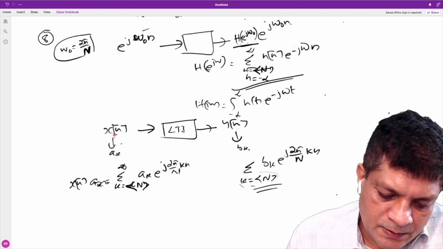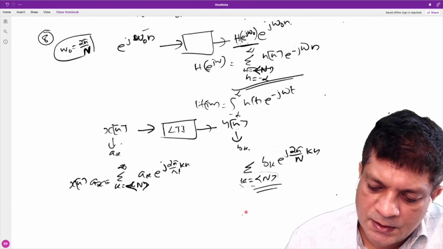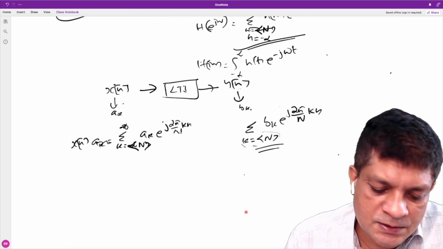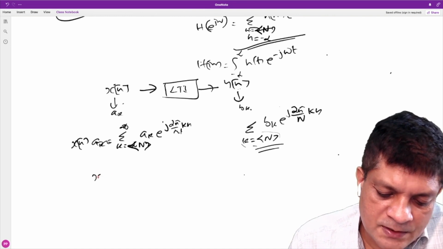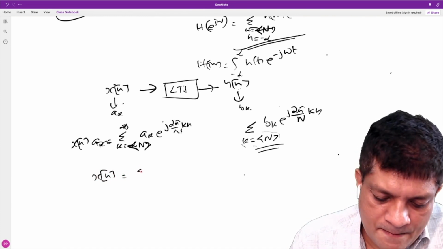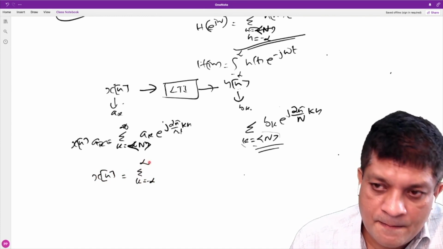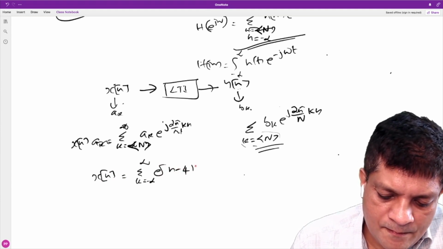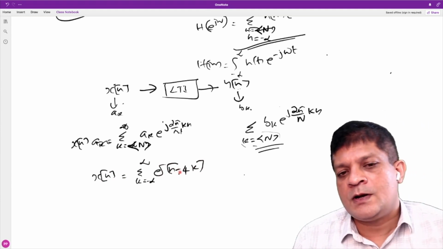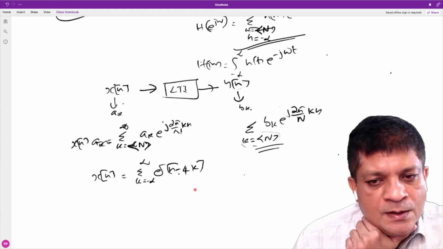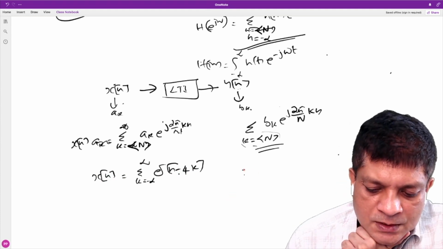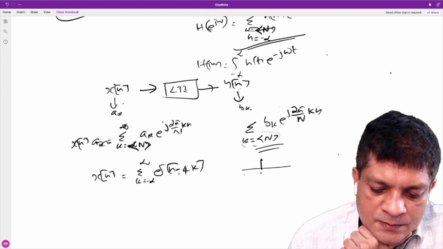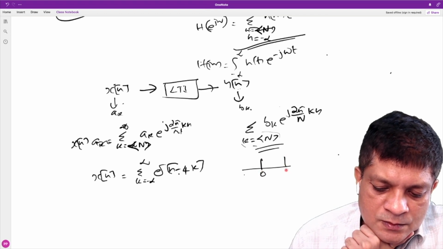Okay, now let us find the Fourier series coefficients of the signal x[n]. What is x[n]? This is an impulse train, isn't it? There are impulses at 0, 4.